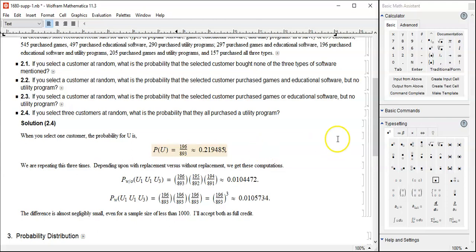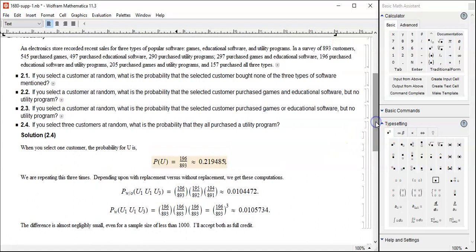Now, depending upon how you set up the problem, you can consider 2 types of problem. Those 3 people may have been selected with replacement. Select a customer out of some pool, and then put that back into the hat, or from the same database, select another, and then from the same list of names, select a third person, which means there is some chance one person is selected twice or 3 times.